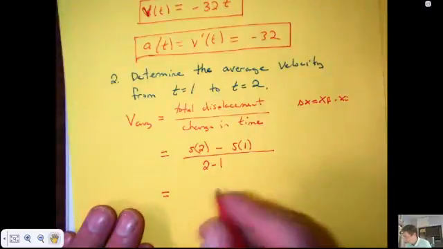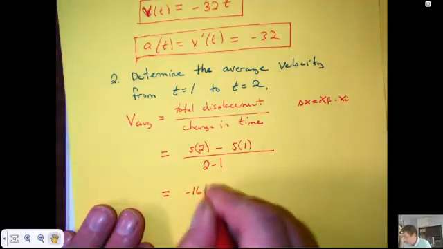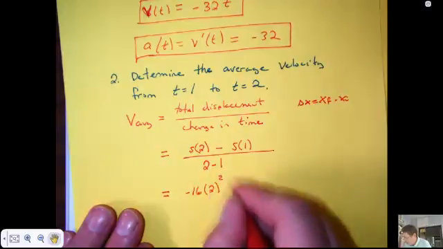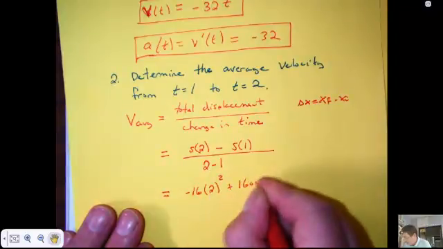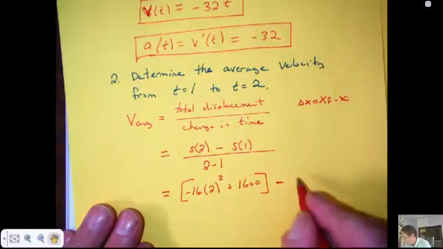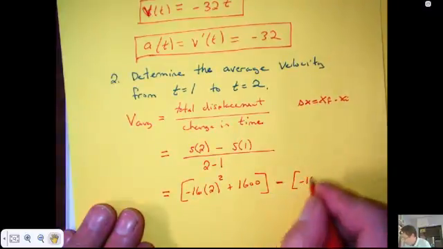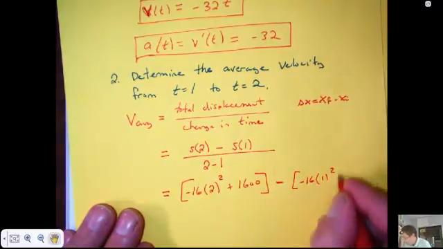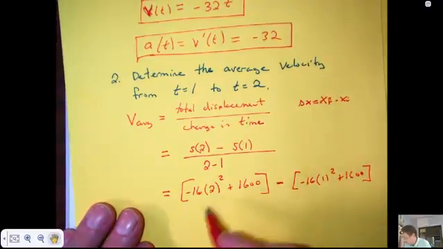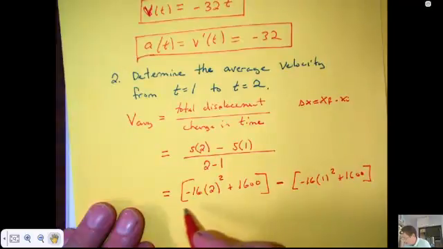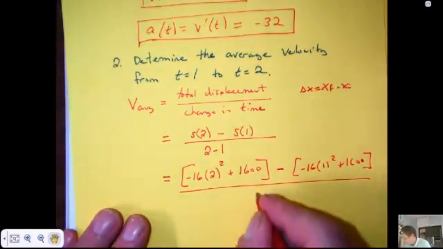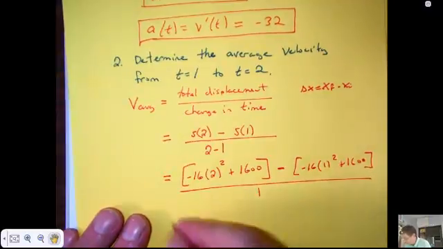So this will simply be negative 16 times 2 squared plus 1600. That quantity minus S of 1, which would be negative 16 times 1 squared plus 1600. And that's all divided by 1.